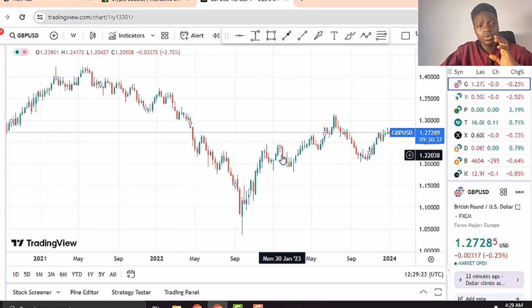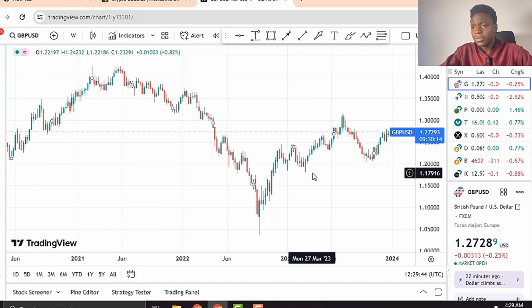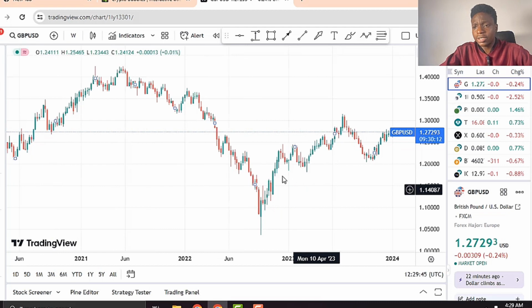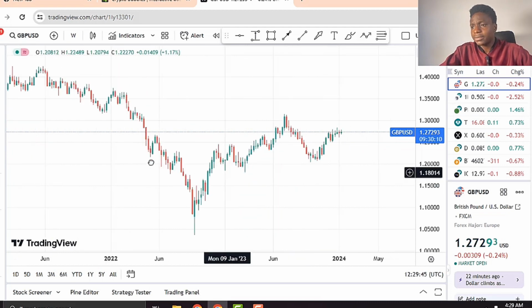Your chart needs to get to your support and resistance, then you start looking for candle confirmation. Maybe engulfing bearish or bullish candles, doji candles, the hanging man, the harami. So we have the tweezer top. These are confirmation candles, and you have to be very, very good when trading those, right?